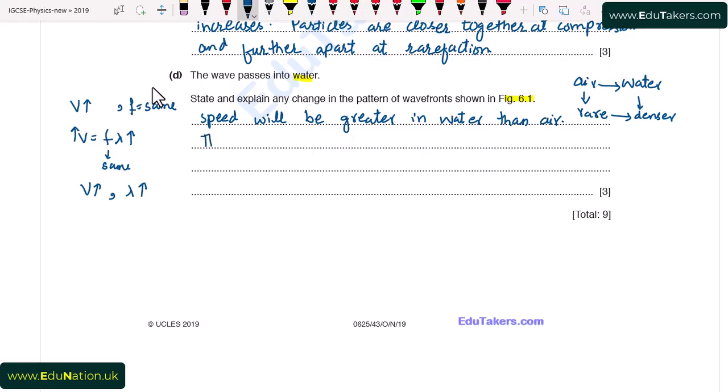Therefore, wavelength is greater because frequency remains the same.